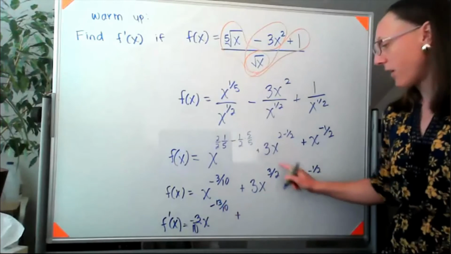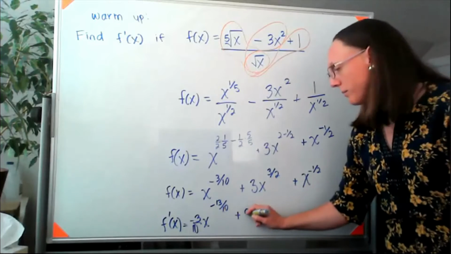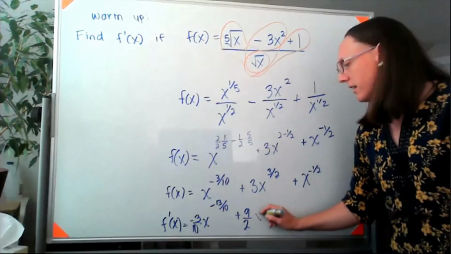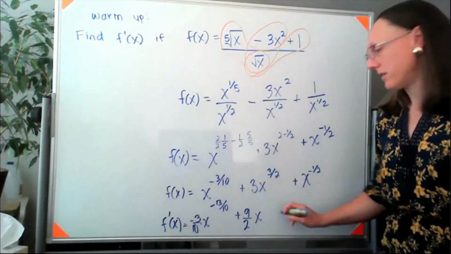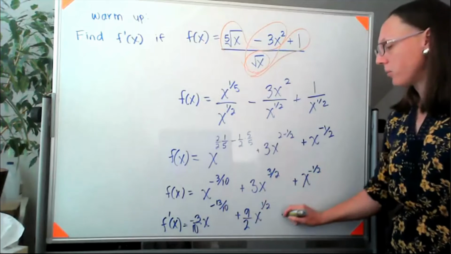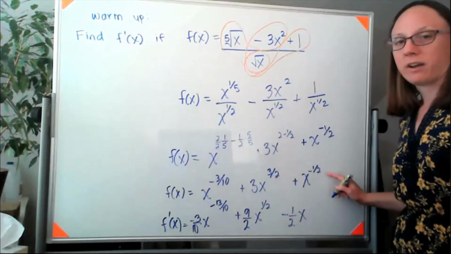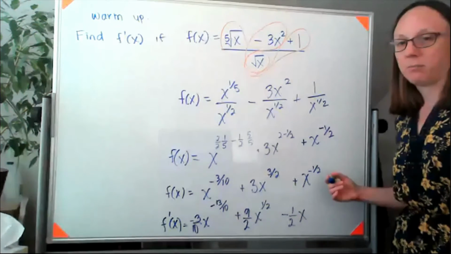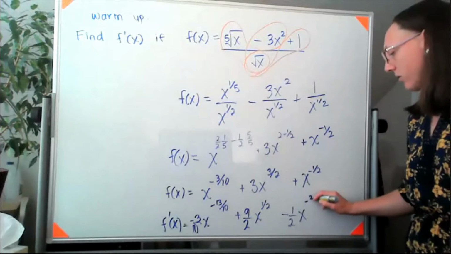On my next piece, that 3/2 is going to come down in front. 3 times 3/2 would be 9/2. And when I subtract 1, I'm really subtracting 2/2. So that'll be x to the 1/2. And on this last piece, I'm going to bring down that negative 1/2. Subtracting 1 from negative 1/2 means I'm subtracting 2/2. So I'd have negative 3/2.